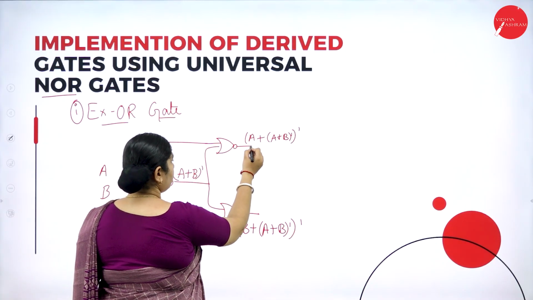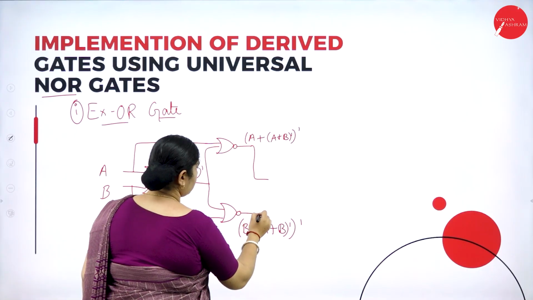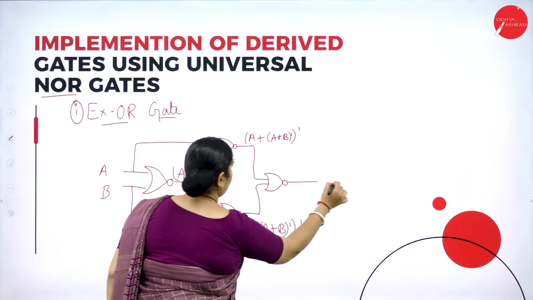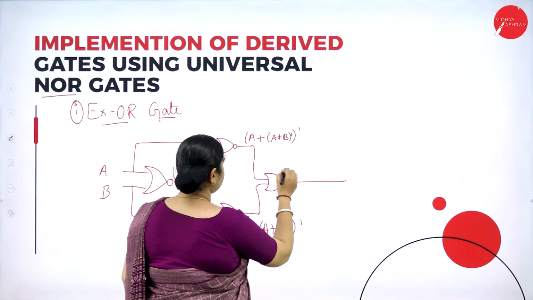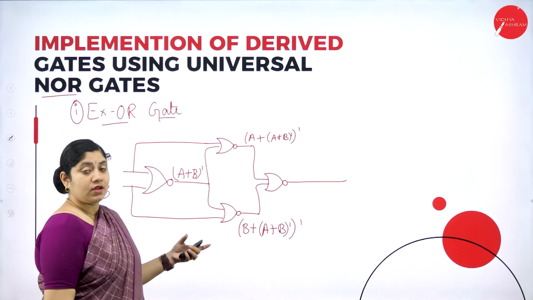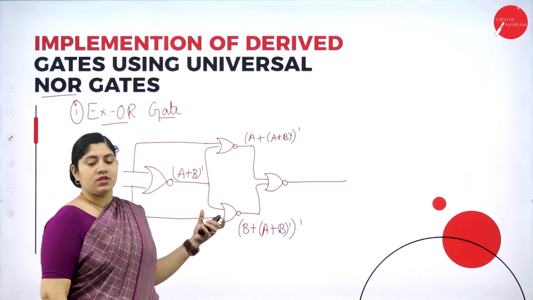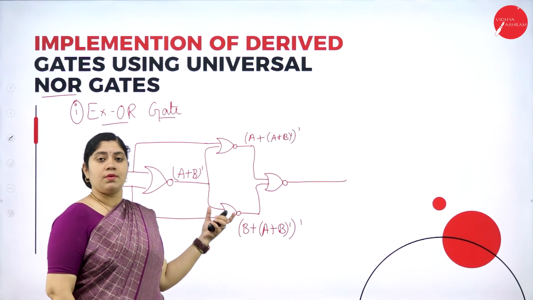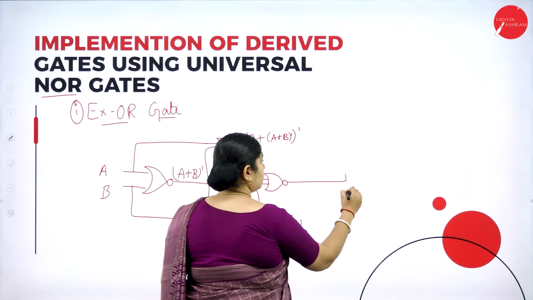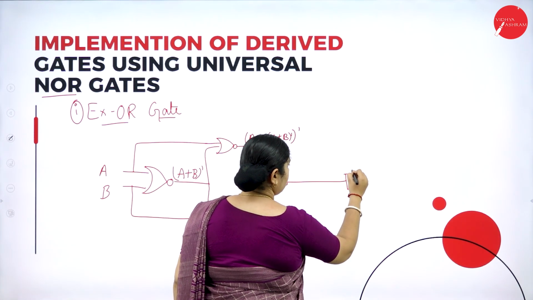Up next, we have to include both of these and draw a NOR gate where the output will be a combination of both of these. But as we know, a XOR gate is nothing but A dash B plus A B dash, correct? So we need one more complement level gate.